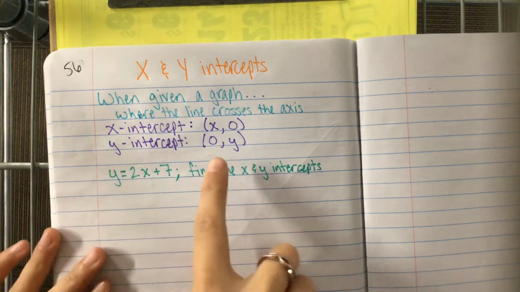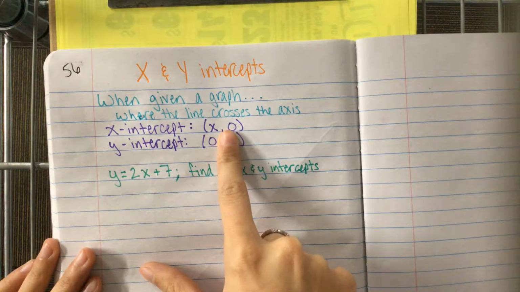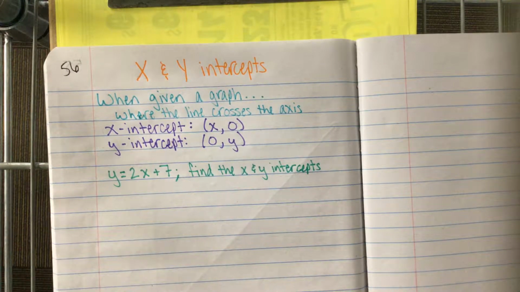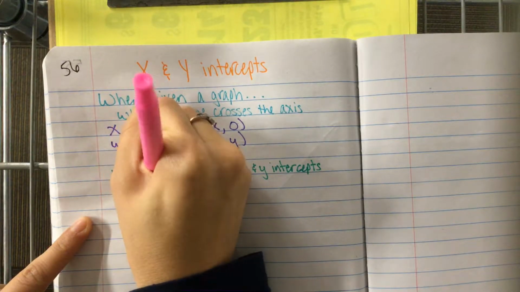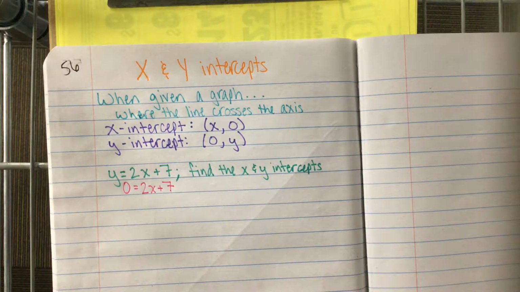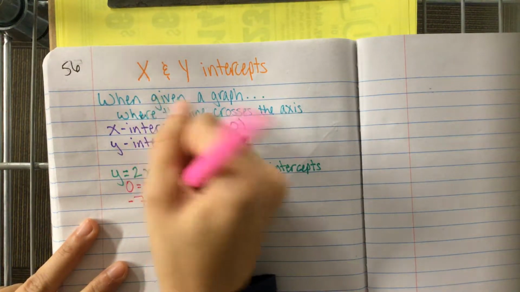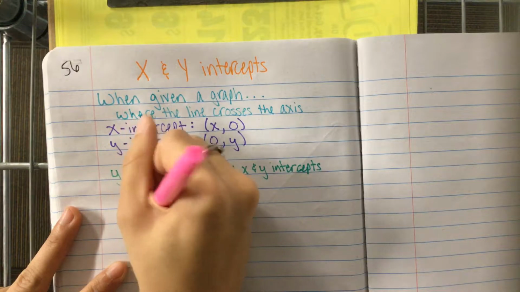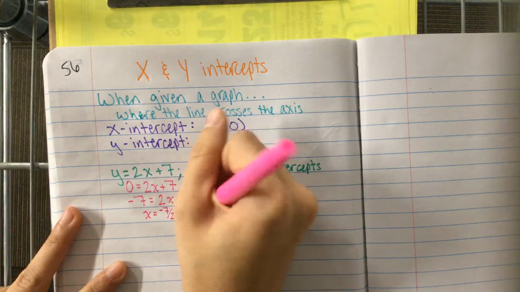So I know that when I find the x-intercept, my y value is going to be 0. So do you agree that I could substitute 0 in for y and then solve the equation? 0 equals 2x plus 7. And we know how to solve this now. It's a two-step equation. You subtract 7 from both sides. Negative 7 equals 2x. Divide both sides by 2. x equals negative 7 divided by 2, which equals negative 3.5.